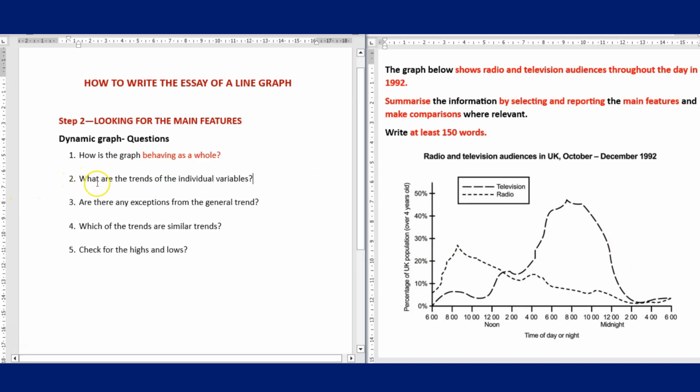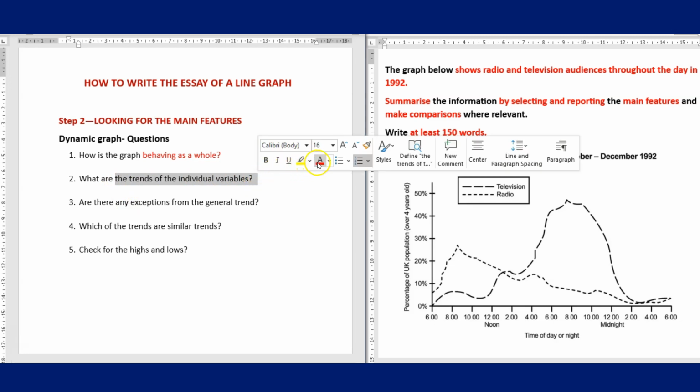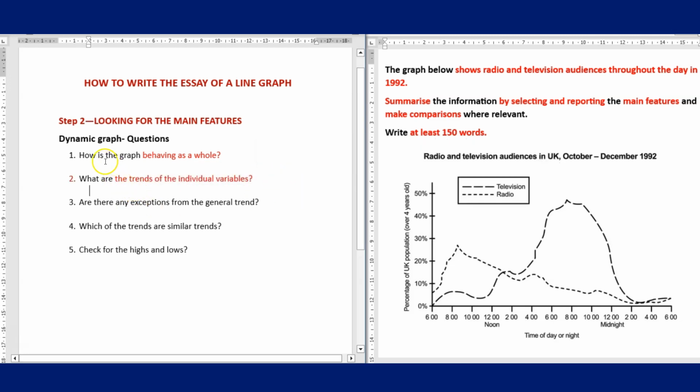Now, the second question you can ask yourself is, what are the trends of the individual variables? That is the television and radio. How are they behaving individually? The first question was about the whole, when you take all of them, but this one is about the individual variables.